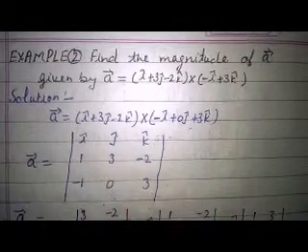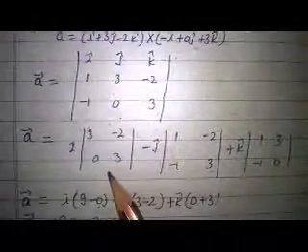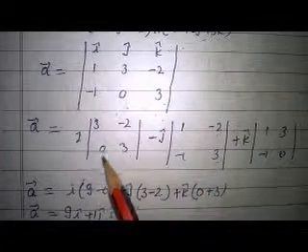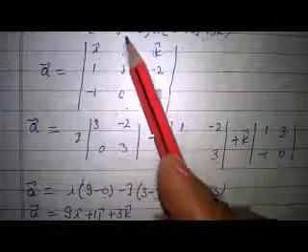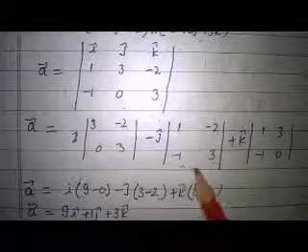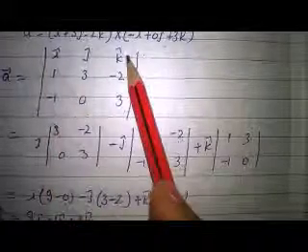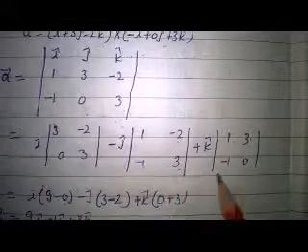On solving this with the determinant method, we leave the first row and first column, we get this submatrix. On solving first row and second column we get this, and on solving first row and third column we get this.